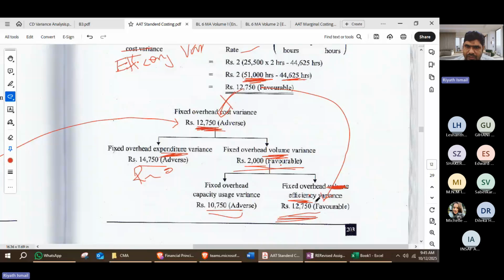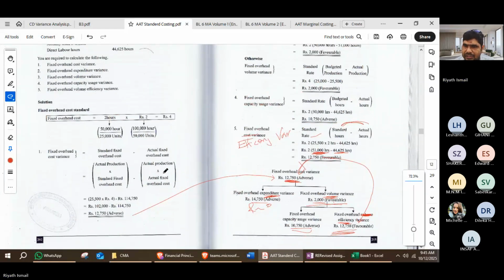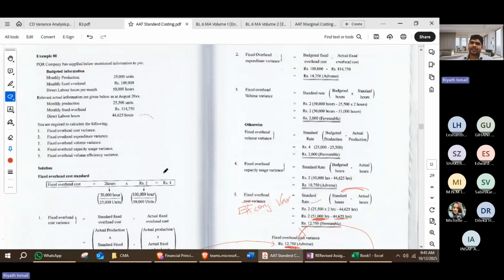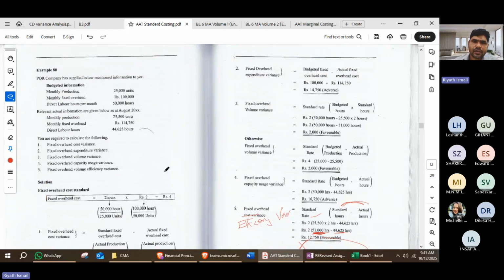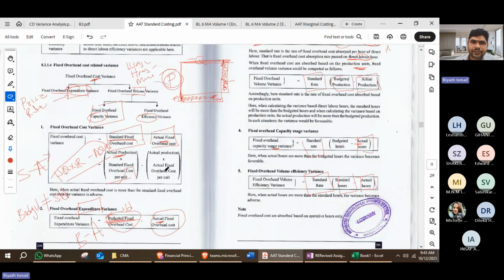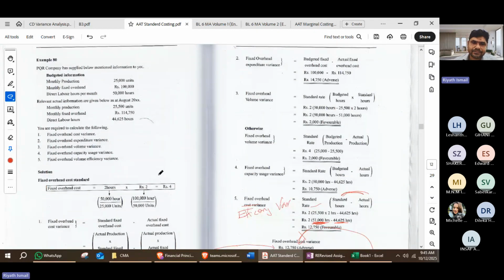So it's a little confusing, right? It's not only you. This is common when we study variance analysis. Many students get confused when we study the fixed overhead related variances. Anyhow, when you go through this, we can get some clear idea, right?